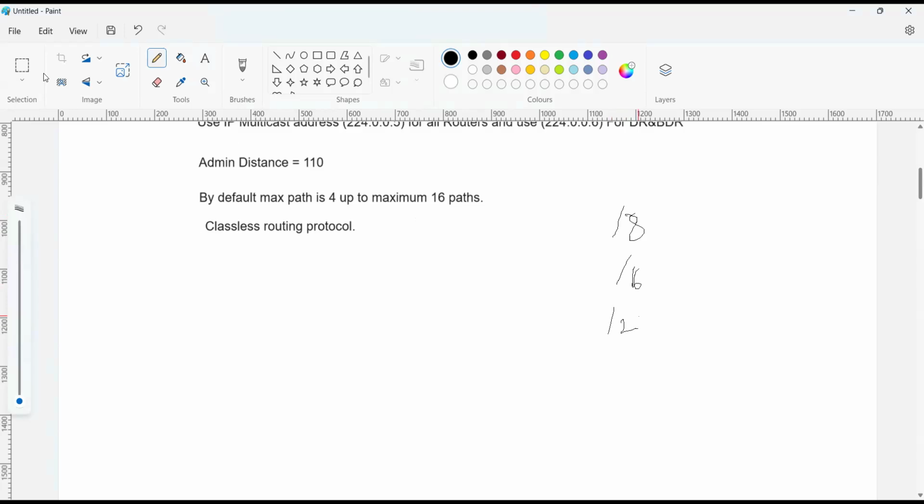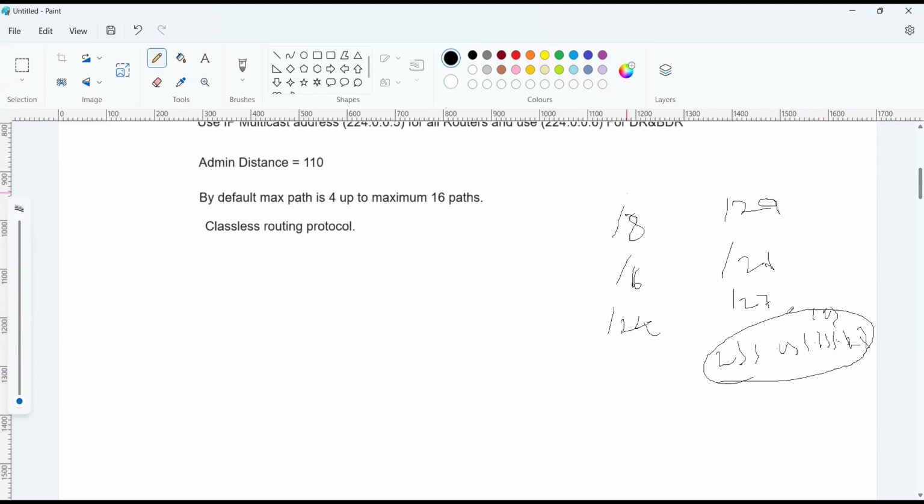See, a classful routing protocol will carry the subnet mask information, whichever it is, 255.255 is a subnet mask, right? Like 128, it will be carried with subnet mask information.